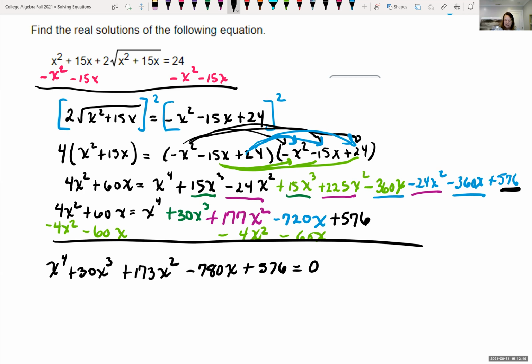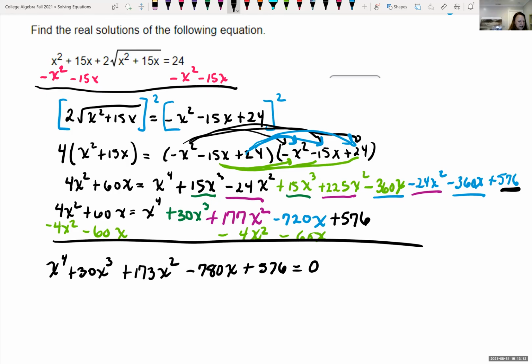So notice what's inside the radical is the same thing. Okay, so notice right here, this x squared plus 15x is the same thing underneath this radical right in here. And so I'm going to change this as a u substitution.